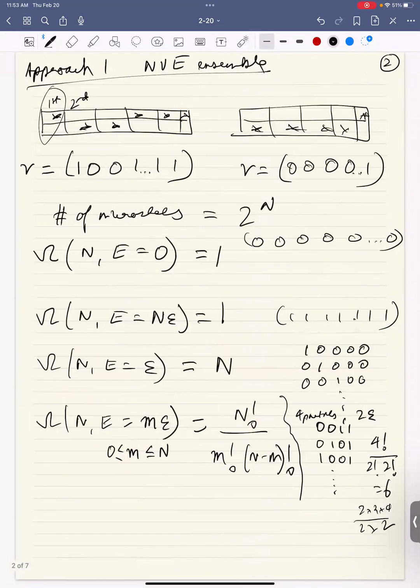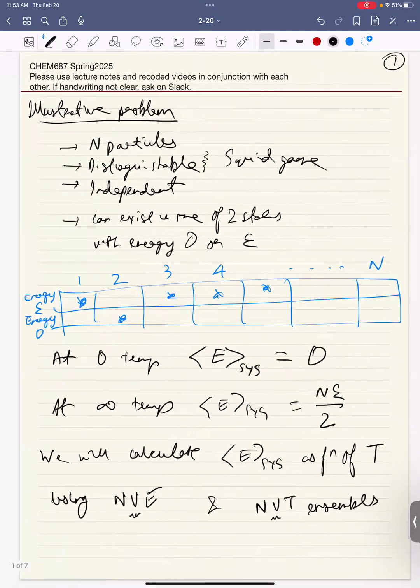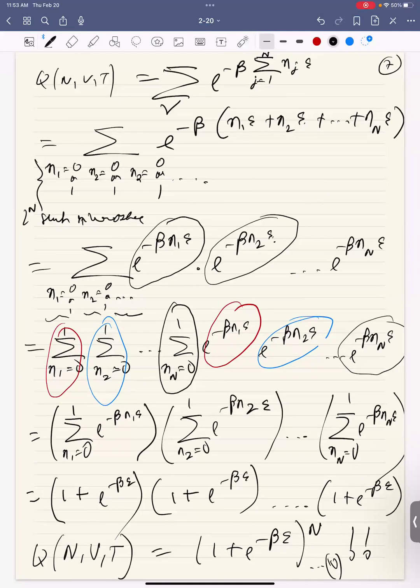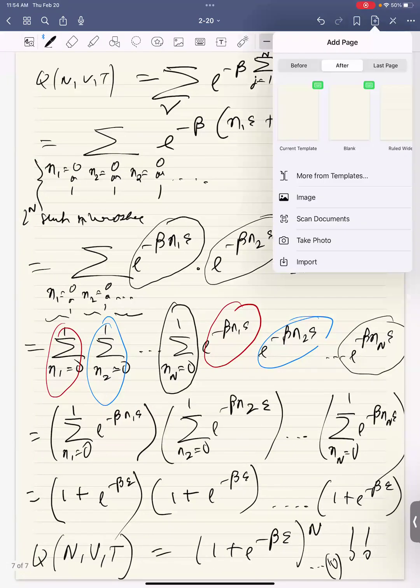Let's see one thing. Okay, so we have our partition function now, and we are ready to do thermodynamics. So we have Q of NVT equal to 1 plus e to the power minus beta epsilon to the power n. Let me write down this expression here again.